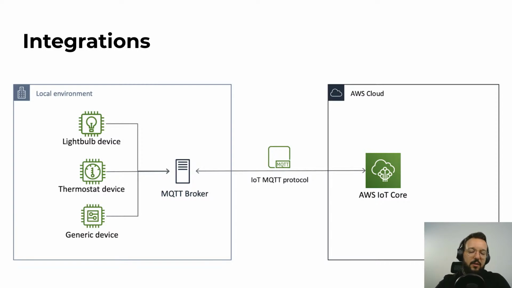And then via the IoT MQTT protocol, you can have a federation between IoT Core Message Broker and an MQTT broker on premises, for example, a connection between Mosquitto and AWS IoT Core. This is actually a diagram from the blog post that explains how to connect Mosquitto with the IoT Core together.